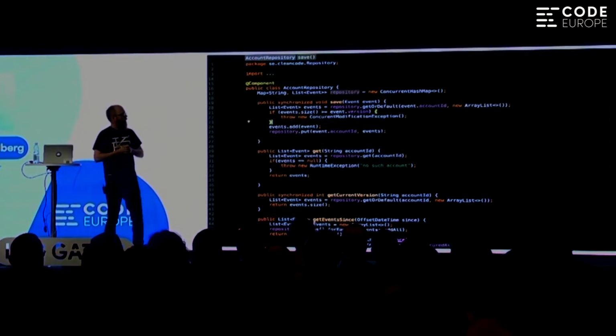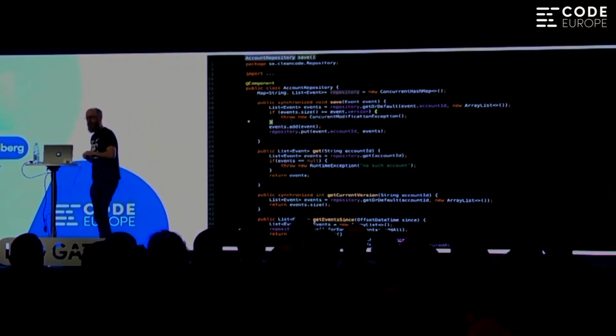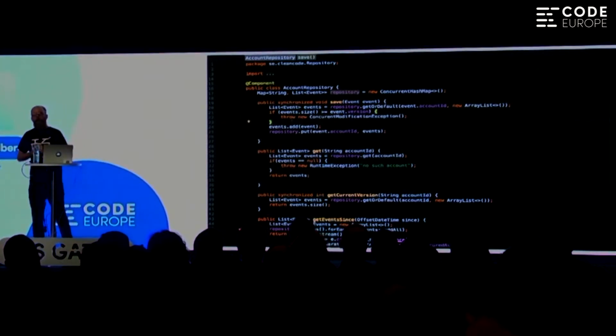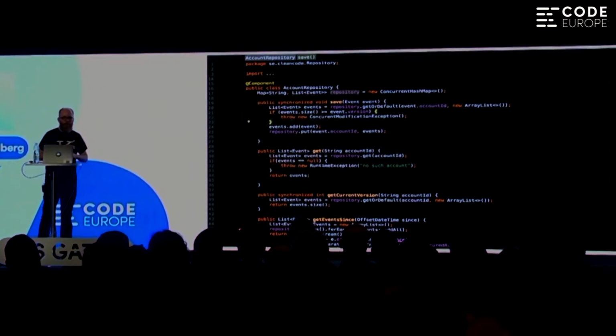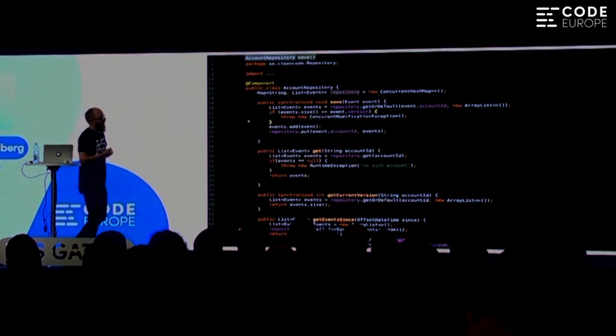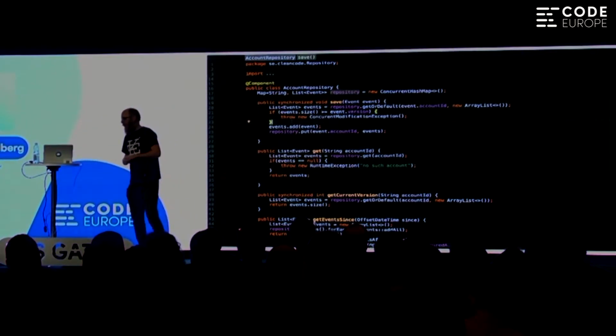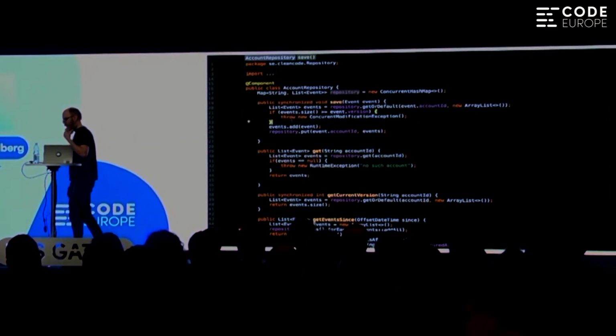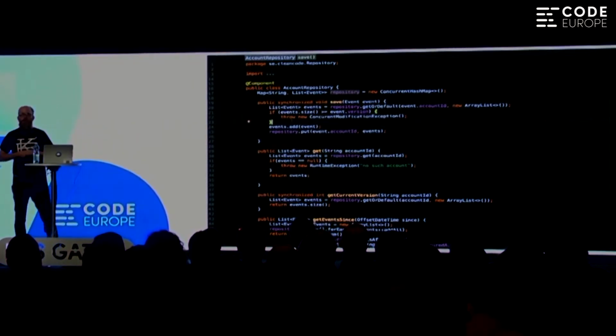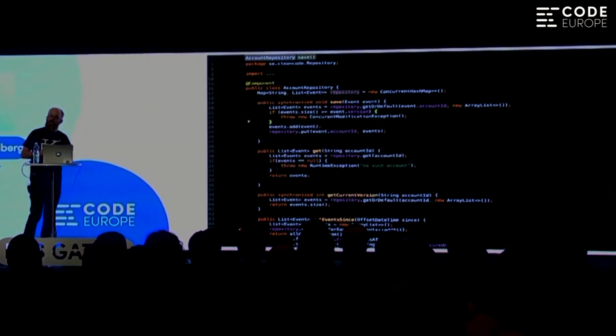So here we see that, okay, if there were more events than I thought, then we can throw a concurrent modification exception. That sounds cool. Yeah, you see, CQRS, it's cool. It's important. And a good thing with this exception is that we can retry.